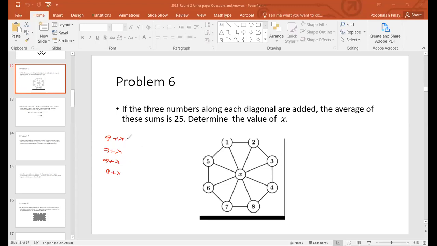So what is the average of these four? The average of these four numbers, they're all equal, right? So the average is 9 plus x. But they say that the average of these numbers is 25. So therefore x must be 16.